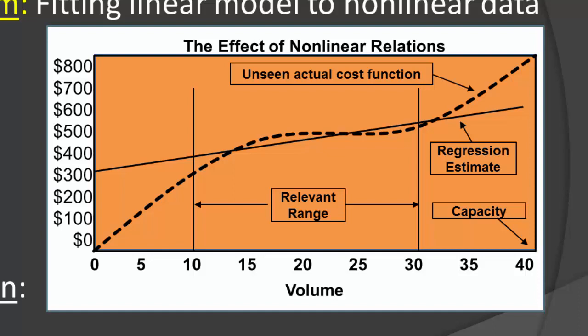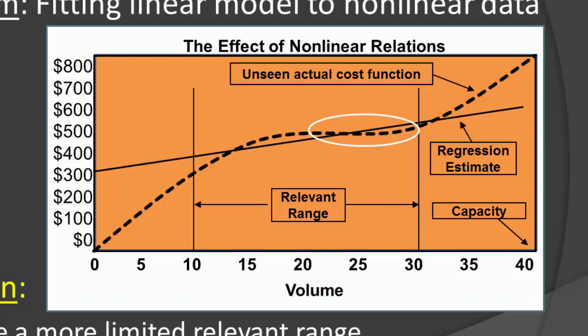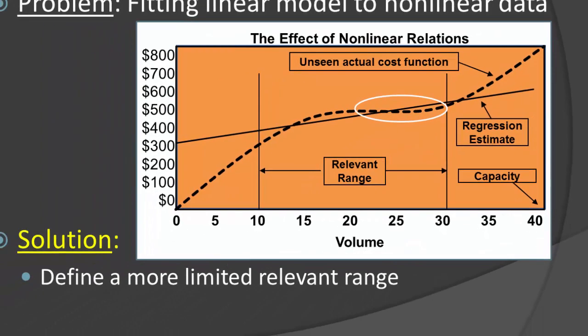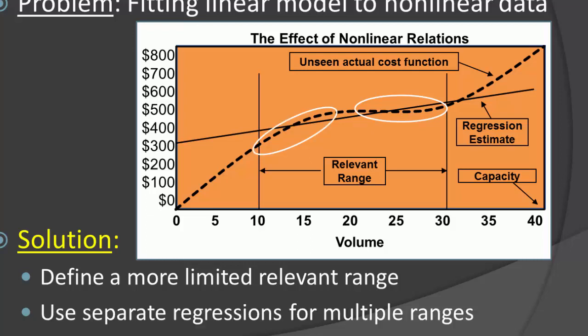range. One way to solve this problem would be to define a more narrow relevant range where the straight line is a better predictor. If that doesn't work because you need the wider range, you might want to use different regressions for different areas within the relevant range.